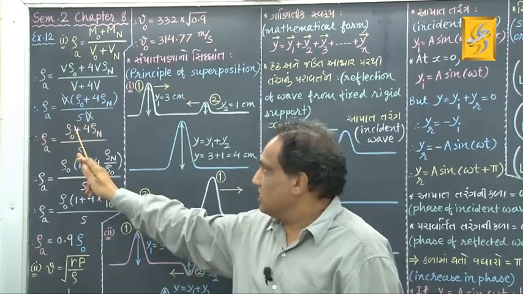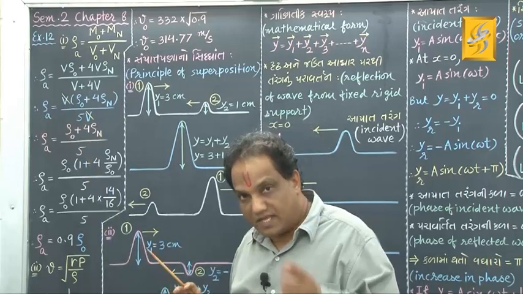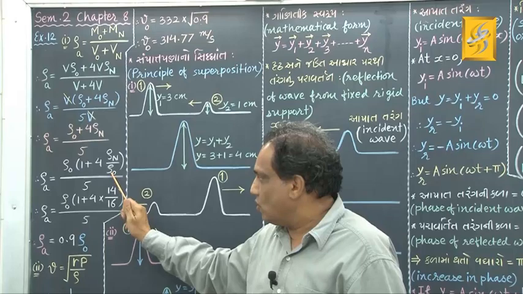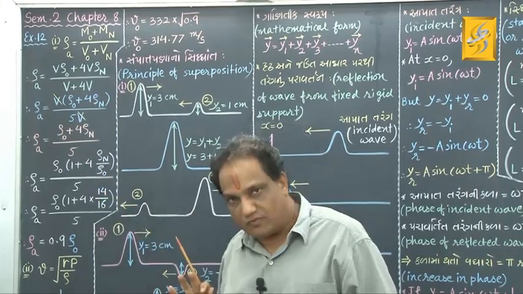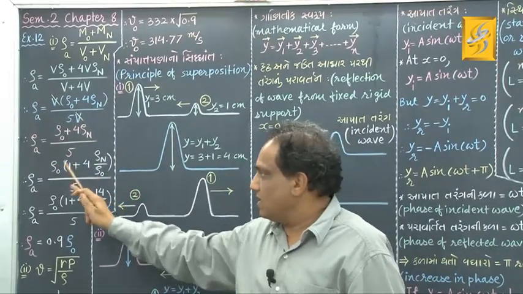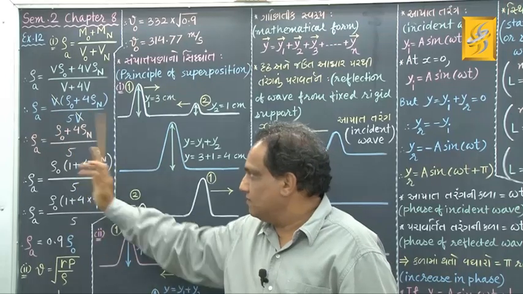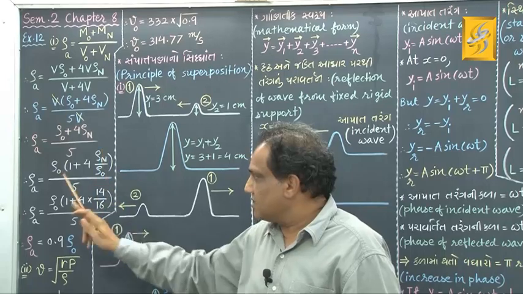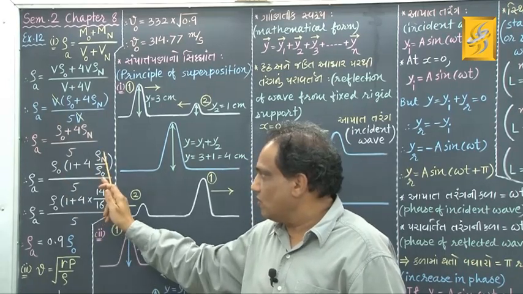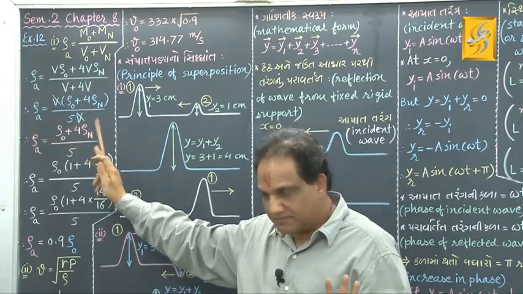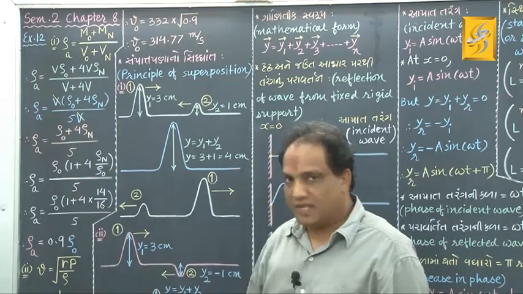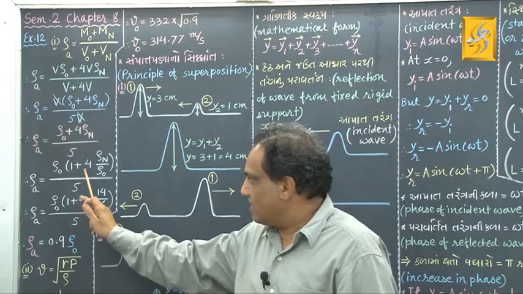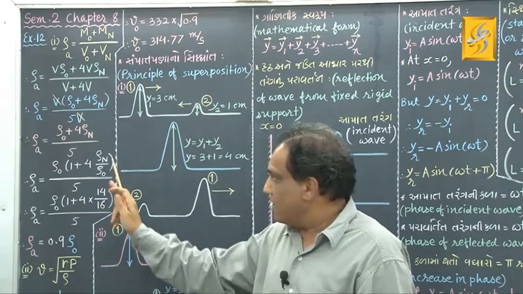Simple? Now this rho O I am taking common. Inside the bracket, 1 plus 4 into rho N upon rho O, divided by 5. See, just multiply rho O into 1, that is rho O, plus 4 times, this into this, rho O will cancel, so 4 into rho N, simple, divided by 5. And now tell me, rho O as it is, into bracket 1 plus 4 as it is, but what is this?